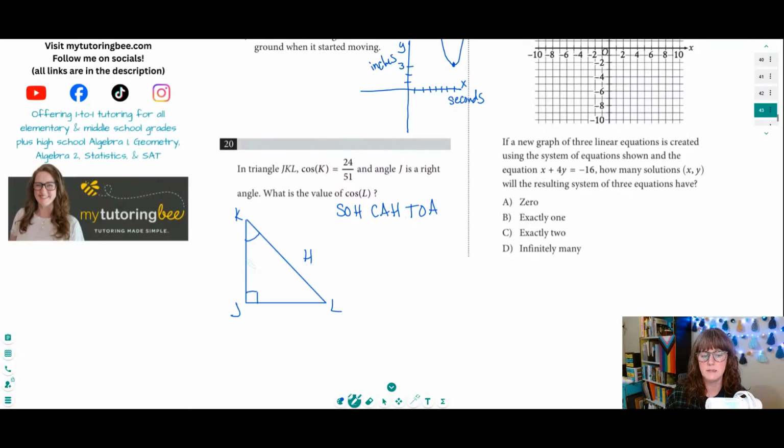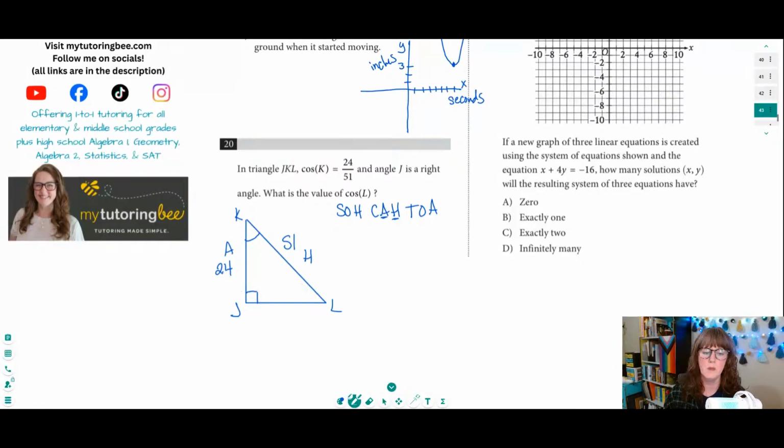The adjacent side would be the leg of the triangle. One of the sides that creates that 90-degree angle, we call those the legs of the right triangle. So it's the leg of the triangle that creates the angle we're talking about. So this is the adjacent side. Since A comes before H in our mnemonic, 24 is this side length KJ, and 51 is the hypotenuse.